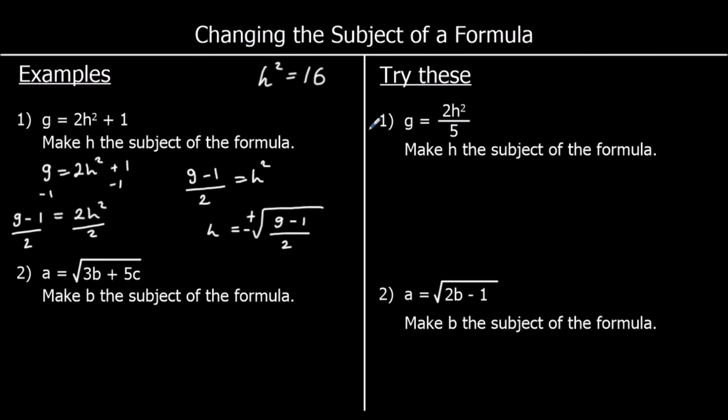Positive 4 squared is 16, but it could also be negative 4. Negative 4 squared is also 16. So h is plus or minus the square root of 16. It's plus or minus 4. So when we square root something, it could be plus or minus. So that is our answer.